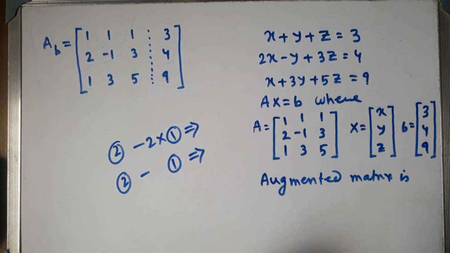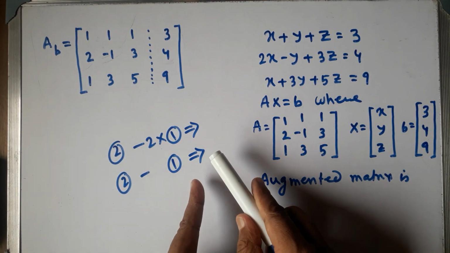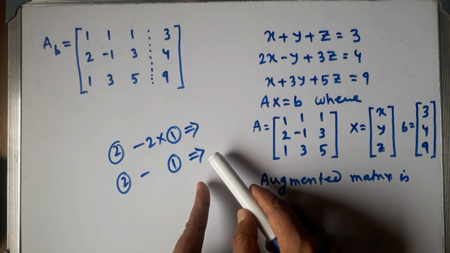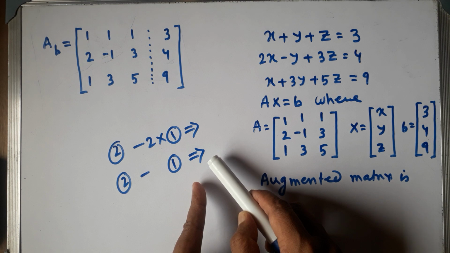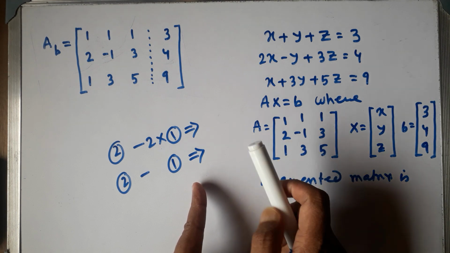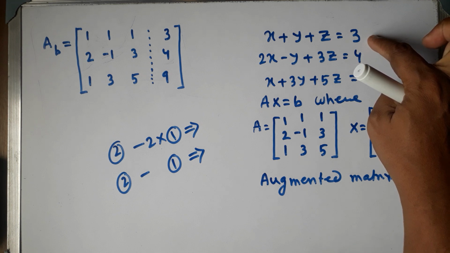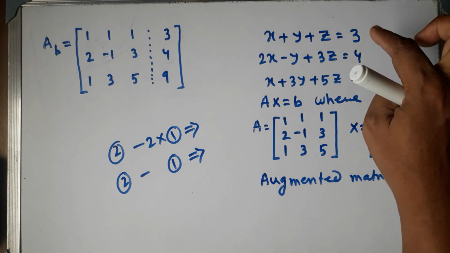This also gives an equation in terms of y and z. Then easily you can solve for y and z, and then put the values of y and z. Here you will get the value of x.